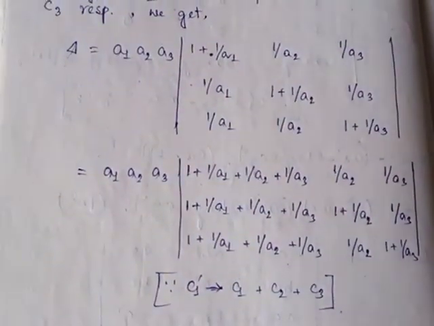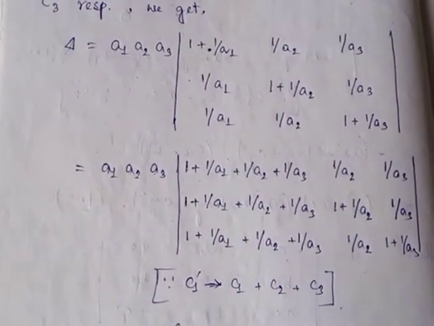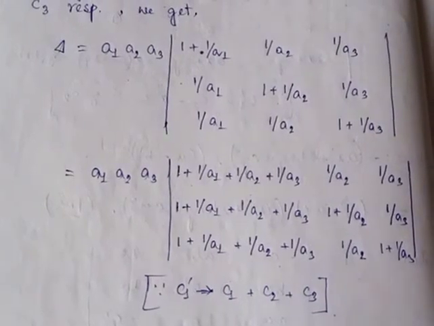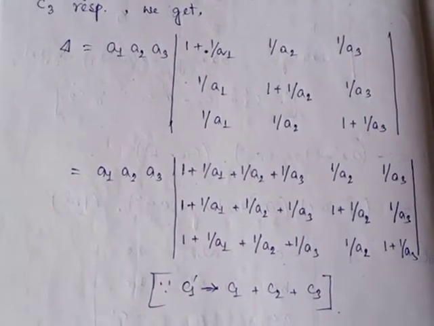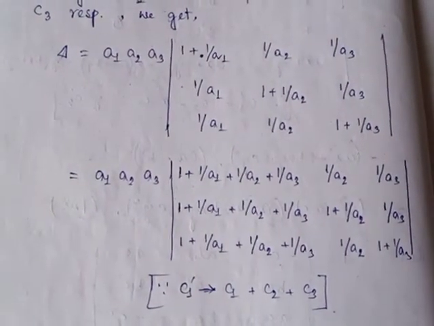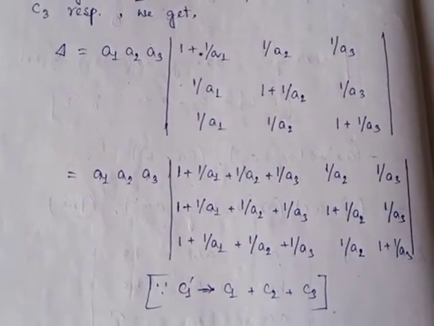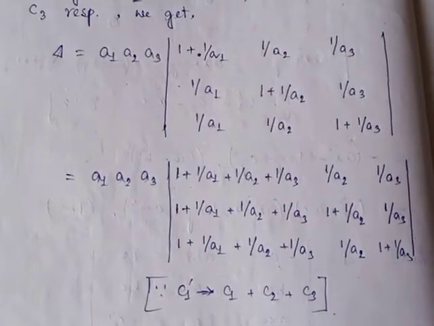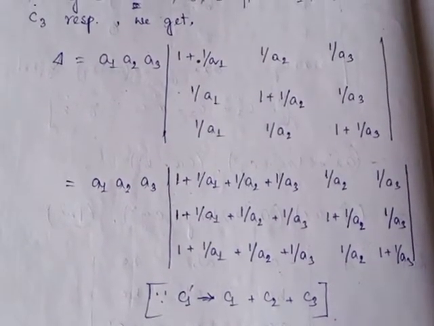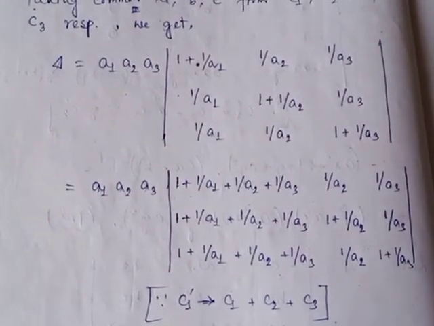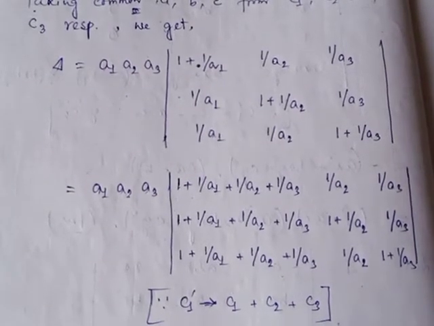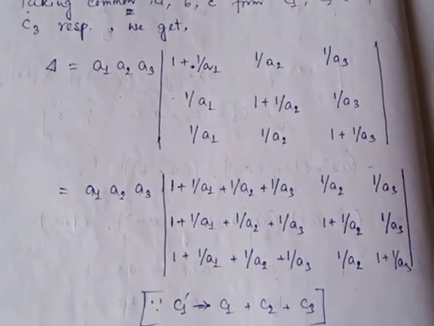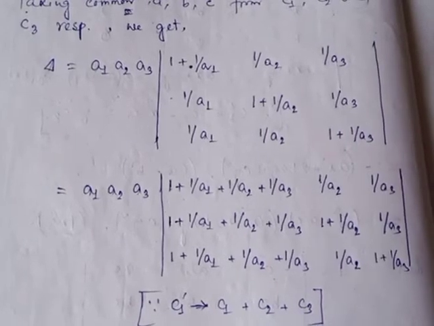Now apply C1 dash equals C1 plus C2 plus C3. Then we can write a1 a2 a3, the previously common taken. Now the first column is 1 plus 1 by a1 plus 1 by a2 plus 1 by a3 respectively, then 1 by a1, 1 by a1; 1 by a2, 1 plus 1 by a2, 1 by a2; and similarly 1 by a3, 1 by a3, 1 plus 1 by a3.